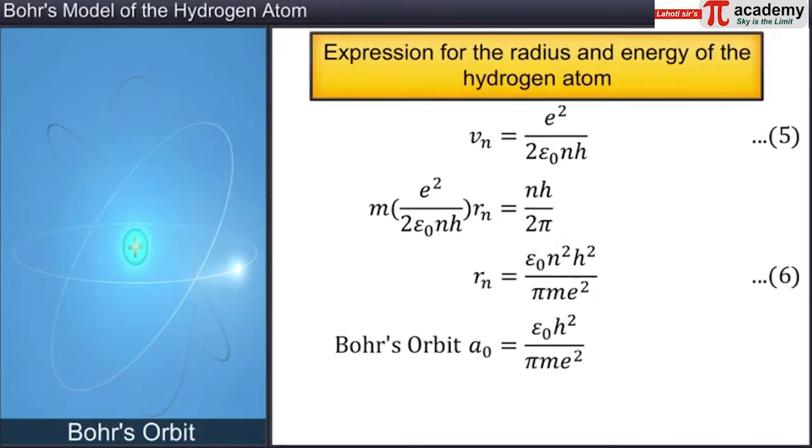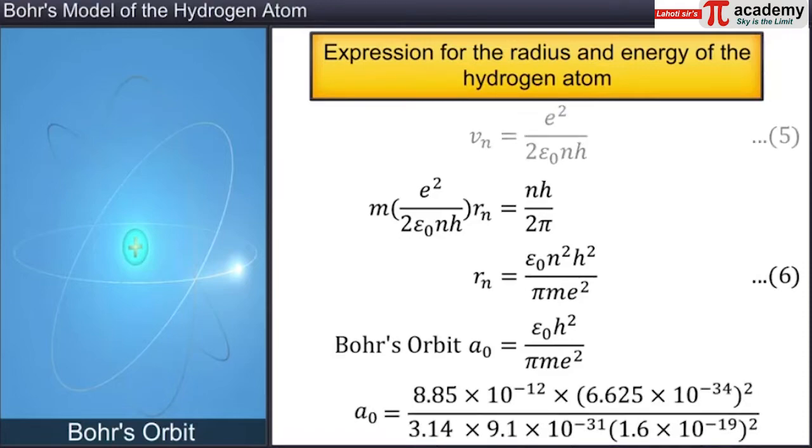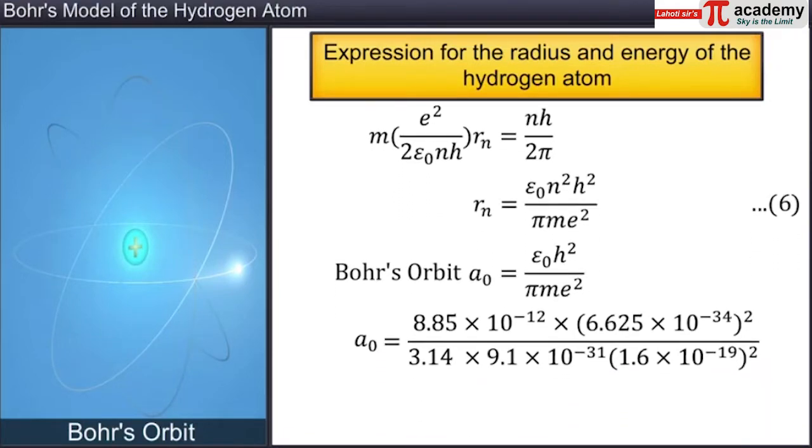Substituting the value of Planck's constant h, epsilon naught, and the magnitude of the charge of the electron e, and simplifying, we get A0 is equal to 0.529 into 10 to the power minus 10 meter, which is equal to 0.529 angstrom.